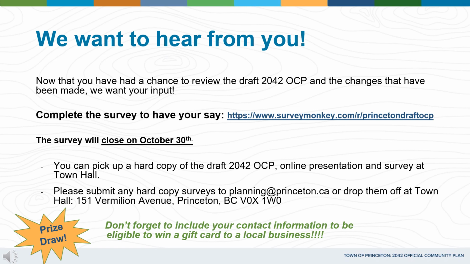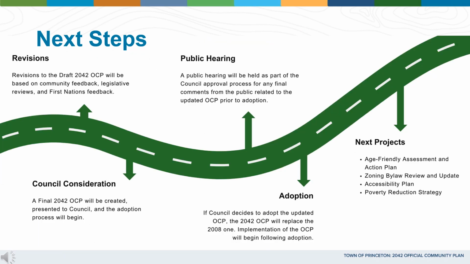What's next on our roadmap to adoption? Once we have heard from the community, we will move into Phase 3. Revisions to the draft 2042 OCP will be made based on community, council, and stakeholder feedback. The final 2042 OCP will be presented to council and the adoption process will begin.